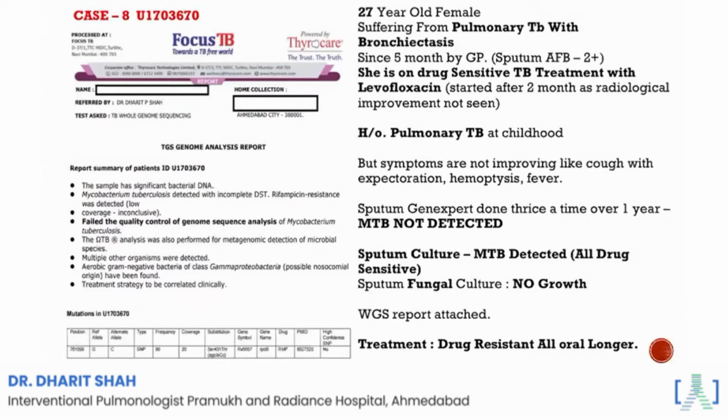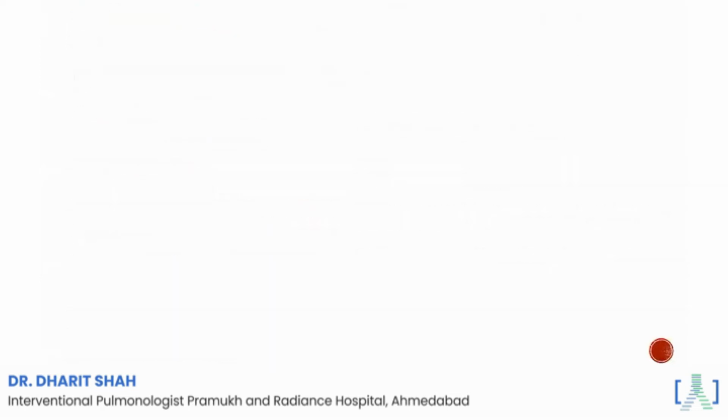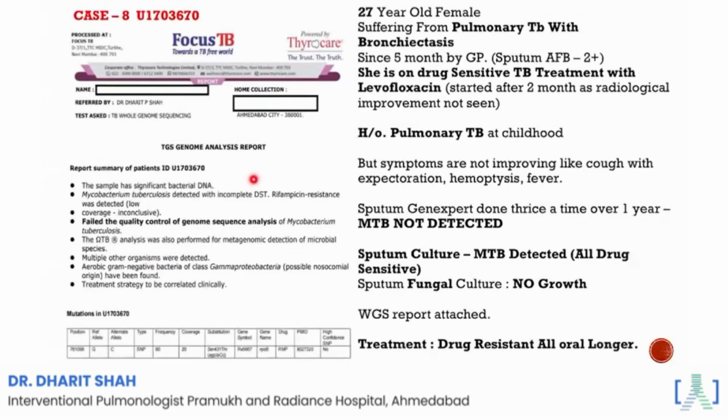In the bold line, you can see that it failed the quality control of genome sequence in the analysis. The second part is that multiple other organisms are also detected, aerobic gram-negative bacteria of Campylobacteria, possibly of nosocomial origin.